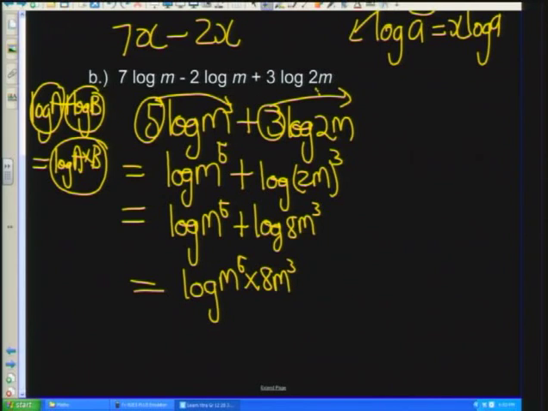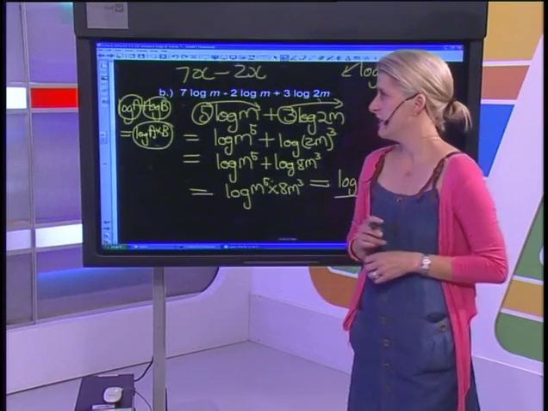And then, of course, that can be simplified. Remember, the whole point is to have a single log. So that's log 8 m to the power 8, power 8, of course, because I'm adding the 5 and the 3 together. So once you know what you're doing, it really isn't that much of an issue.